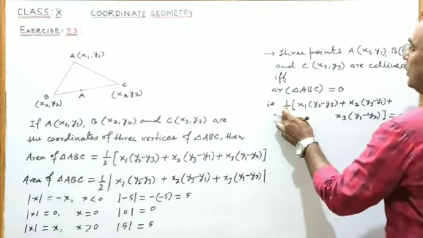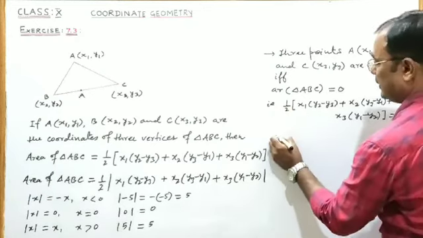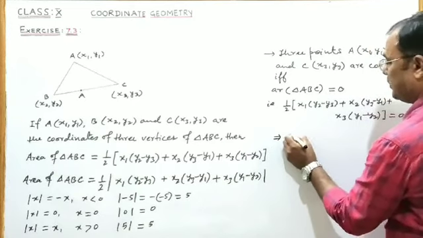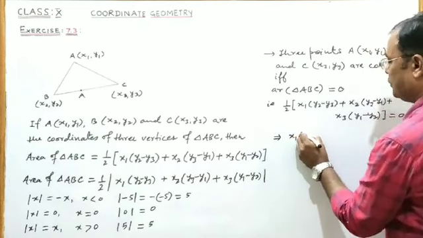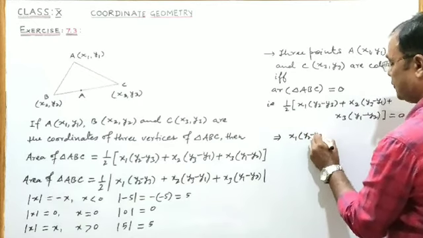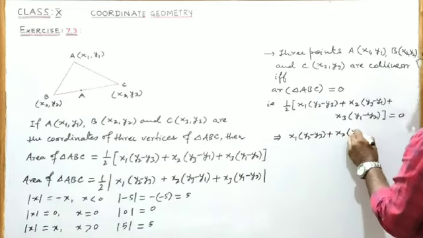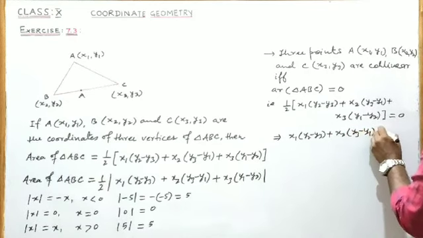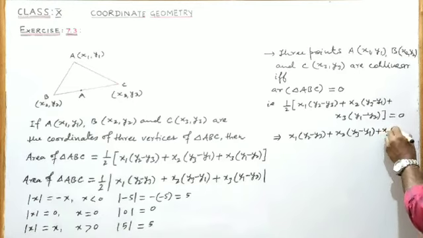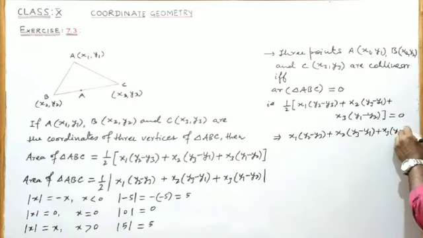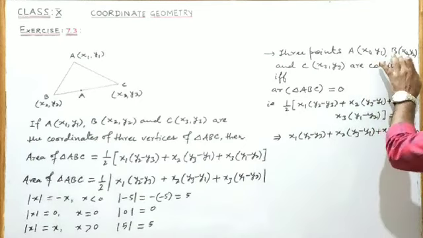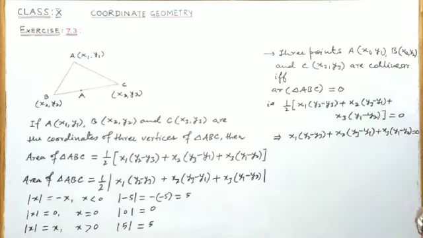This 1 by 2 half is a constant number, so this implies x1 into y2 minus y3 plus x2 into y3 minus y1 plus x3 into y1 minus y2 equal to 0. And this is the condition for 3 points x1, y1, x2, y2 and x3, y3 to be collinear.